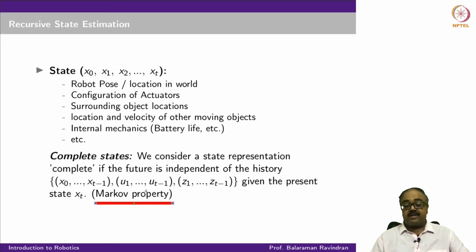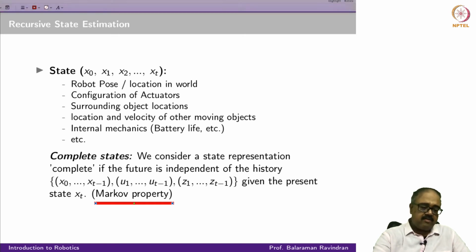Likewise, as we will see in the next slide, u's correspond to the actions that I take. So I don't have to worry about all the past actions I took, as long as I know that I have ended up in state xt, right? And likewise, I don't have to worry about all the past observations, z are the measurements. I don't have to worry about all the past measurements I have made, given that I have ended up in state xt, right?